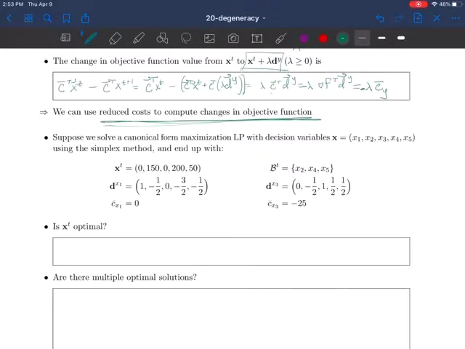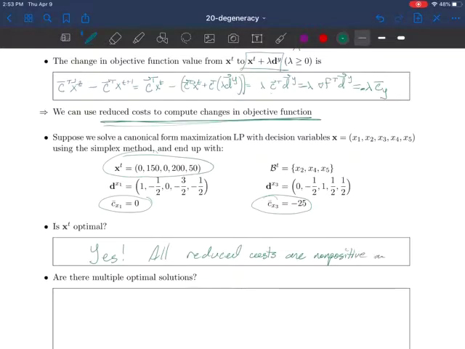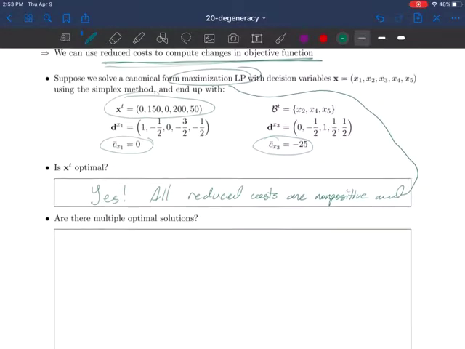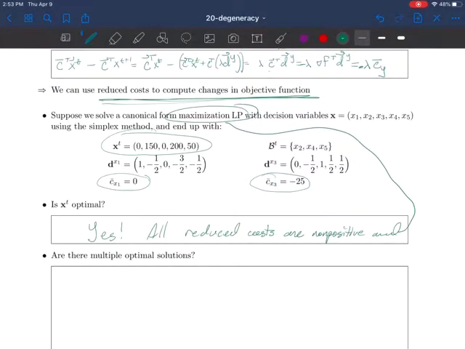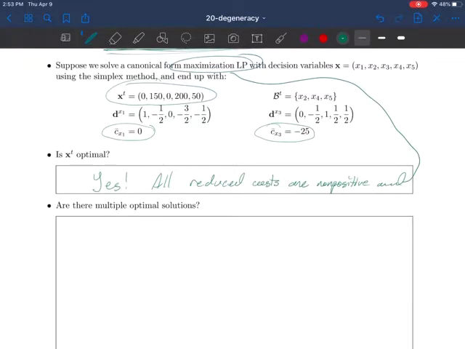Suppose we have the following situation where we have a current basic feasible solution in two directions with reduced costs 0 and minus 25. The first question is, is xt optimal? And the answer is yes. All reduced costs are non-positive, and it's stated that this is a max problem.